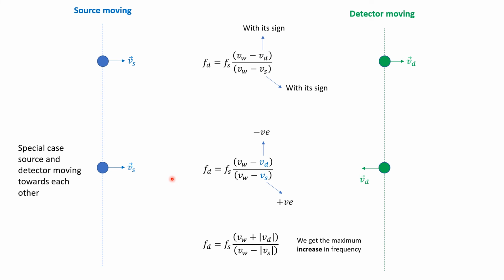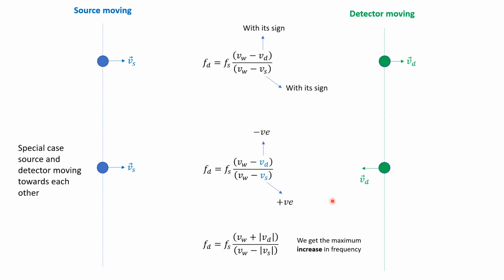So then, in principle, if the detector is at rest, it should feel the successive wavefronts come to it in a shorter amount of time, so the frequency will get higher. But now, since the detector is moving to the left also, the time is even shorter between successive wavefronts, and so you get the maximum frequency increase.